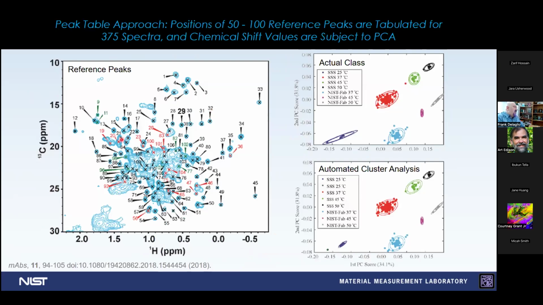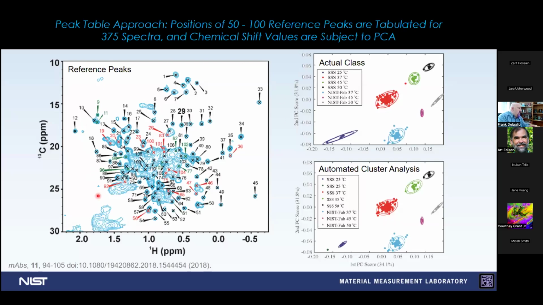So the positions of these peaks are exquisitely reproducible. And so if we have an analyst choose, say, about 100 different reference peaks and tabulate their locations, we can do all sorts of analysis that reveals details about the underlying structure and how it was measured.